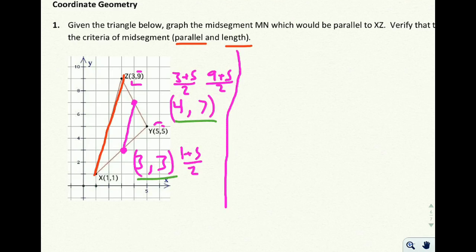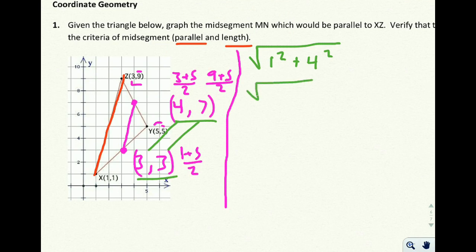So distance between 3, 3 and 4, 7. We always do the difference between our x values. 4 and 3 are 1 apart, and we square that, and we add that on to the distance between our y values. 3 and 7 are 4 apart. Square that, and we add those terms together under a root.